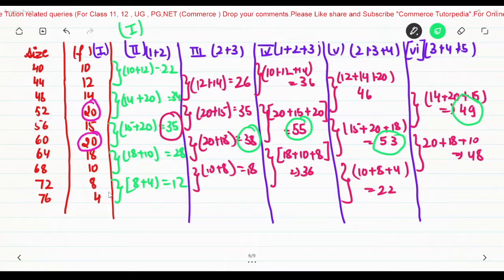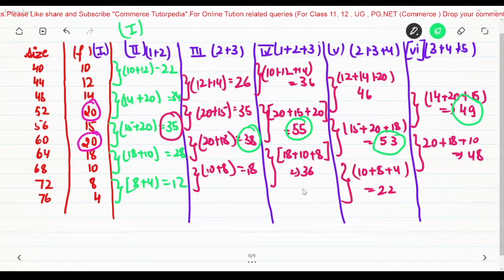In the third, we added the second and third frequency. In the fourth, we added three numbers, that is 1, 2 and 3. In the fifth, we add 2, 3 and 4, and in the sixth, we group 3, 4 and the fifth number. I hope this is clear.